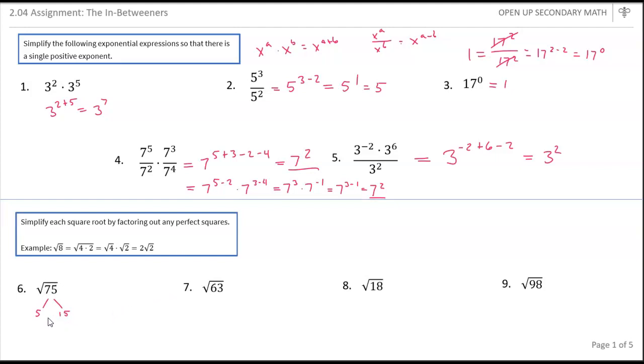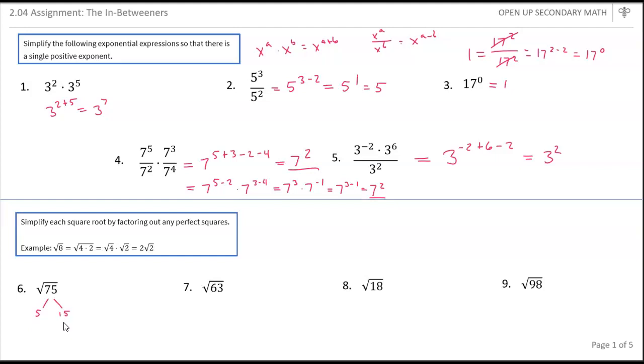Now I look at the bottom of my tree and ask, are these primes, meaning nothing else can divide into them evenly other than itself and 1, or is there another number I can divide by? Well, 5 is prime. 5 doesn't have any other divisors, but what about 15?